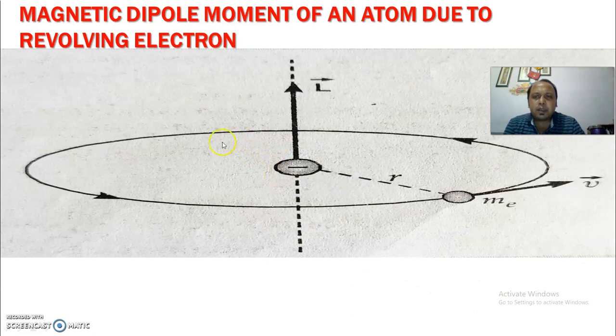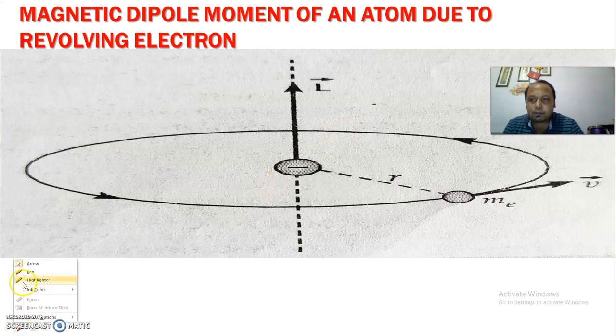Here you can see we have a revolving electron. If we take the top view, the electron revolves in the anti-clockwise direction. So obviously the direction of the current will be opposite to it, that is, in the clockwise direction. This is the direction of current, as I am showing you here, and let it be given by I, which is opposite to the direction in which the electron moves.